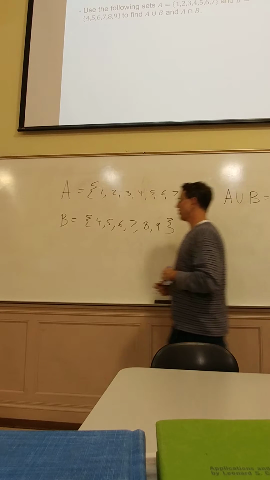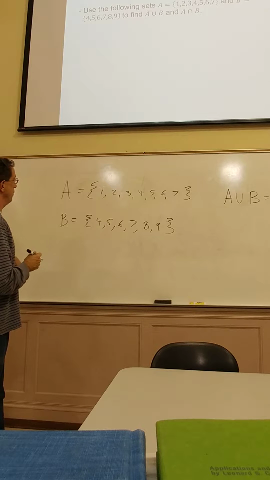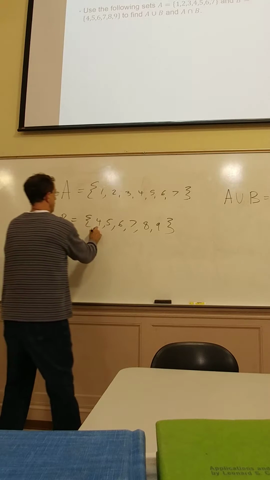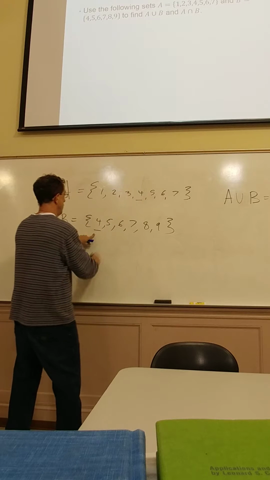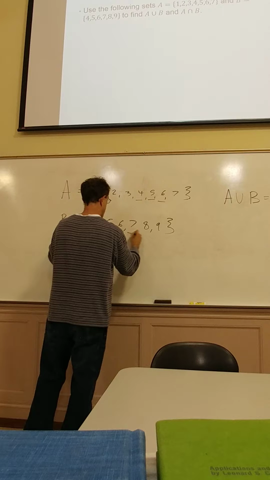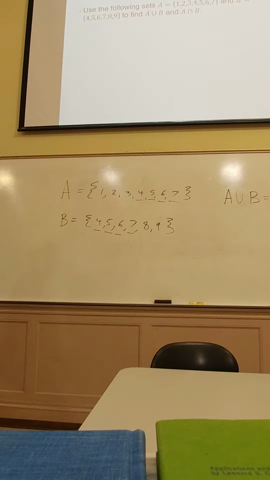Now for the intersection, we are looking at the elements that lie in both A and B, which will be 4, 5, 6, and 7. Those four elements lie in both A and B. It's almost like the overlap.